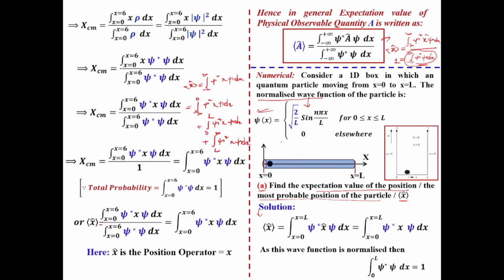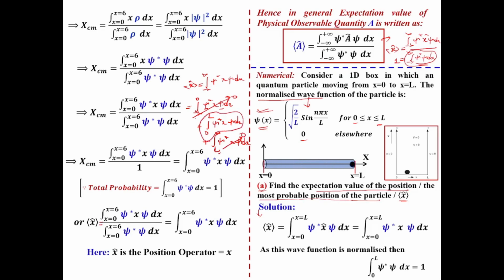In the question it has been given that the wave function exists in between 0 to L, elsewhere it is 0. So minus infinity to 0, this value will be 0 because psi is 0, psi star is also 0. Above L, that means from L to infinity, this value also will be 0.